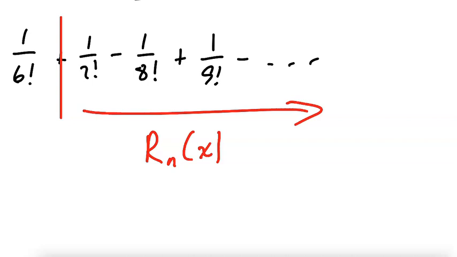So what I can say is that the remainder is less than or equal to the absolute value of the next term, right? And we do the absolute value just in case it was a negative number.